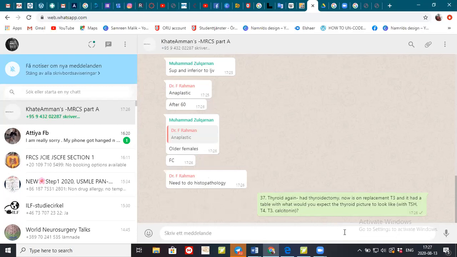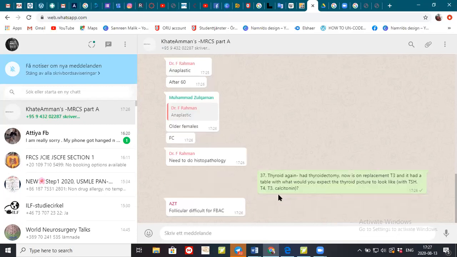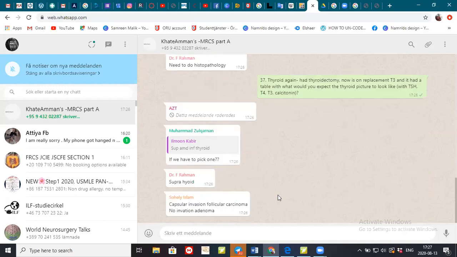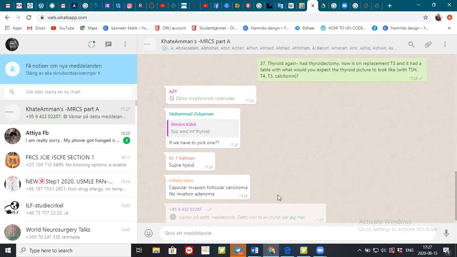Infection and discharge. All right, now this another one is about the treatment. What treatment options are available when it comes to thyroid? If it's carcinoma, in papillary, if less than 1 centimeter, hemithyroidectomy.